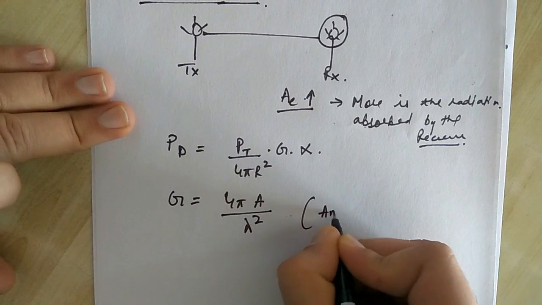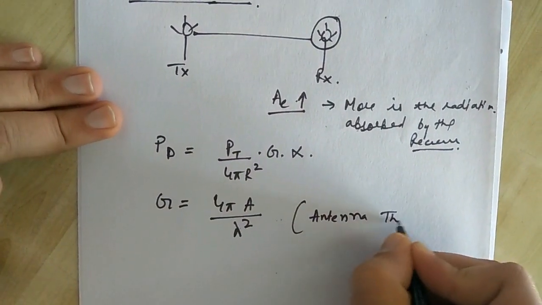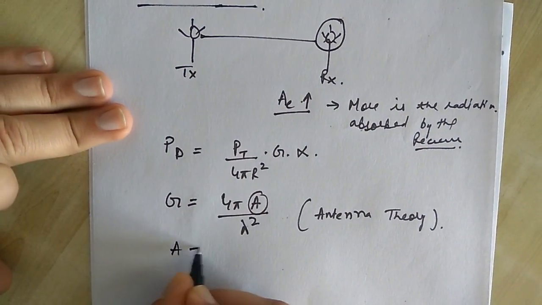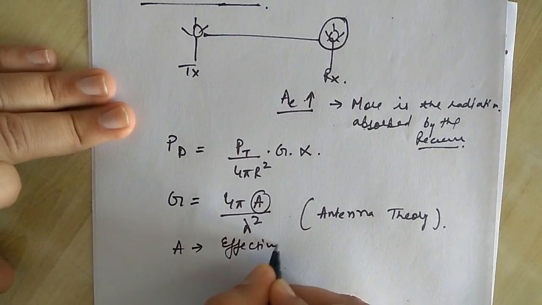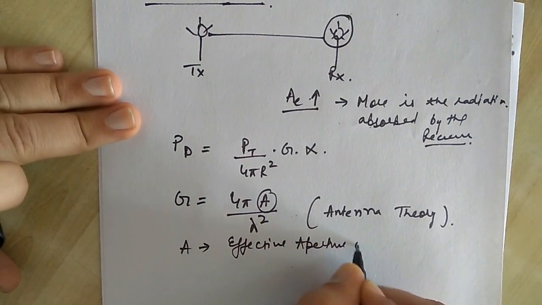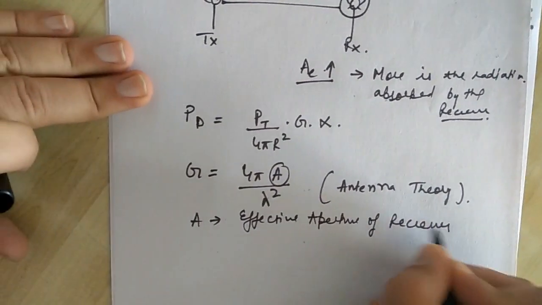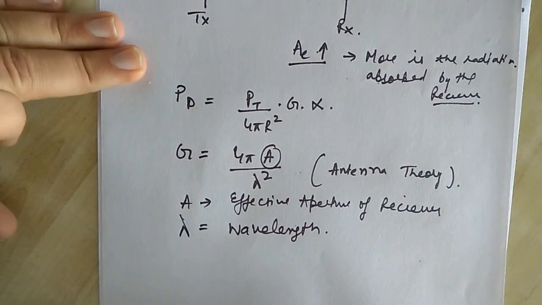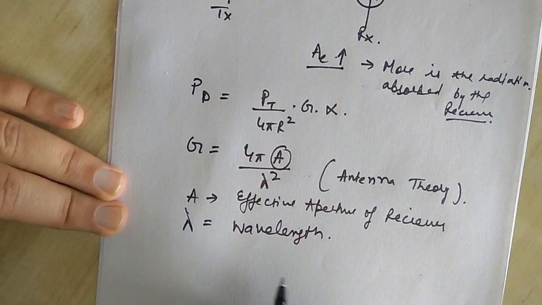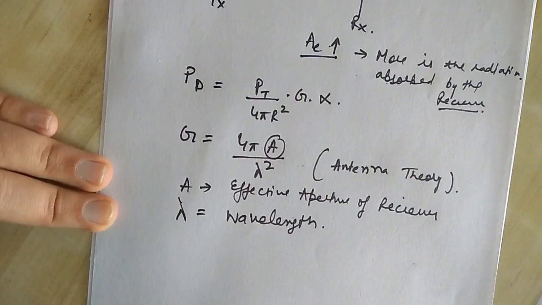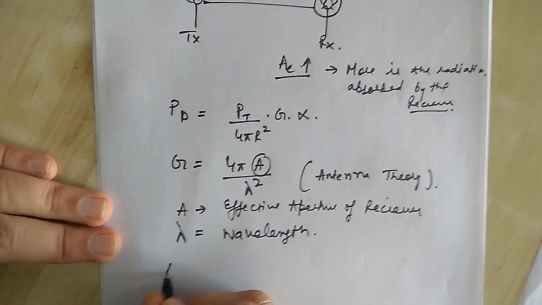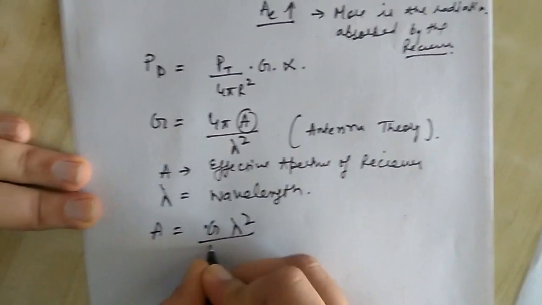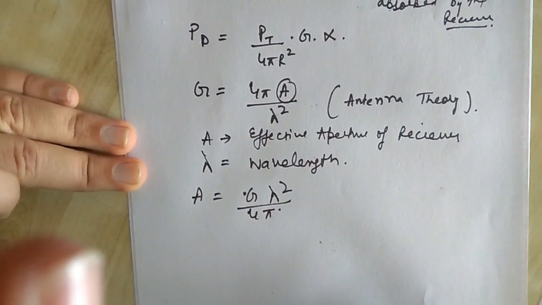This relation comes from the antenna theory, where A is the effective aperture of the receiver and lambda is the wavelength of the transmitting signal. If we take out the value of A, A will come out to be G into lambda square upon 4 pi.